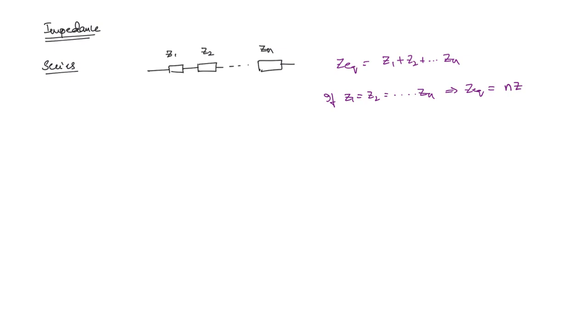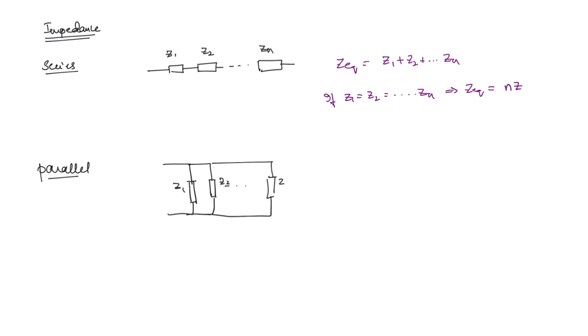Okay. Now we will see the parallel connection. In parallel connection, what will be the same? The voltage will be the same. So using the same derivation that we used for resistors, we will get the expression. Here we will take Z1, Z2 and so on till Zn. Then what will be the equivalent?